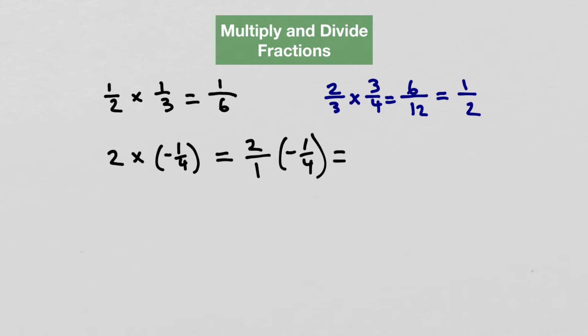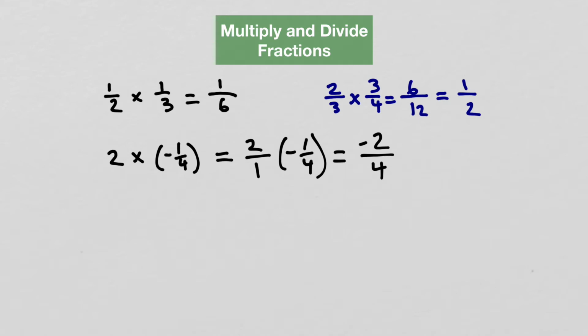I'm just writing the second term again. Okay, and here the rule is still the same. We're going to multiply across the numerator. So it's going to be 2 times -1, which is -2. And then across the denominator, 1 times 4 is 4.